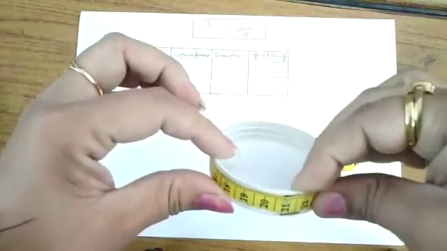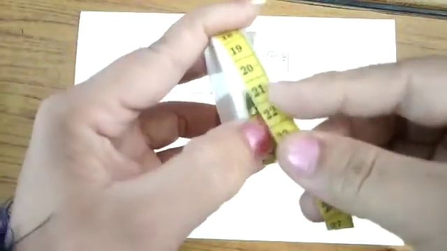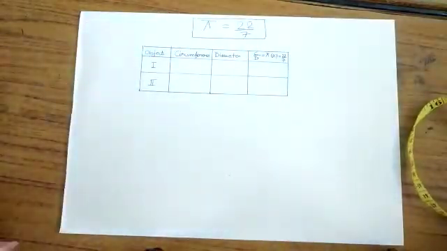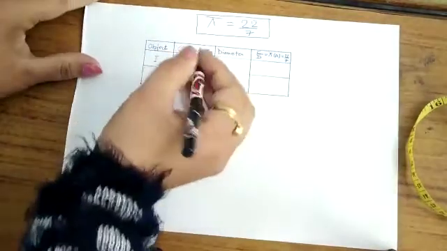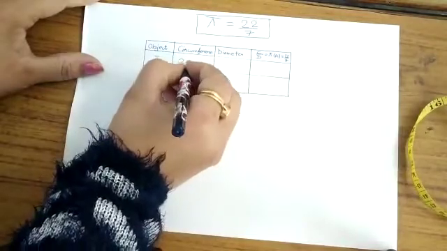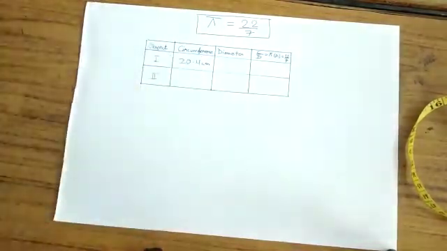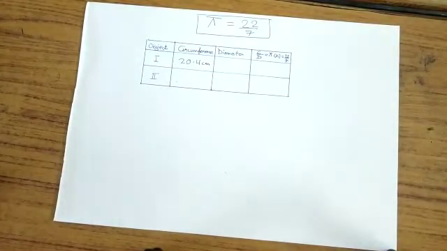So students, here the circumference of the circular object is coming 20.4. So here I will write the circumference of the first circular object: 20.4 centimeter. Now I will measure its diameter.